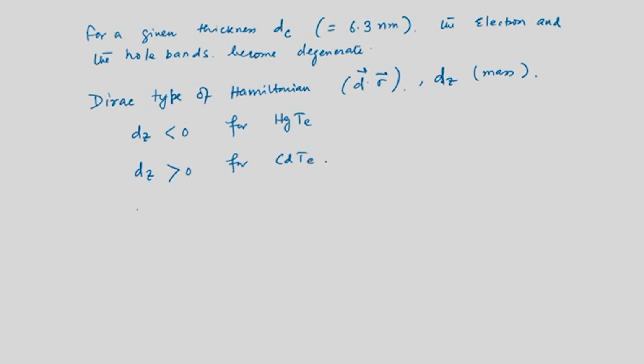Okay. So at the degenerate point, d_z is equal to 0. Okay. So this is where one sees the gapless Dirac fermions at the interface.